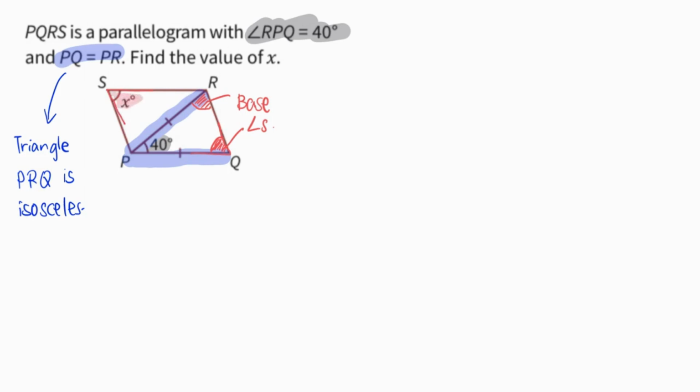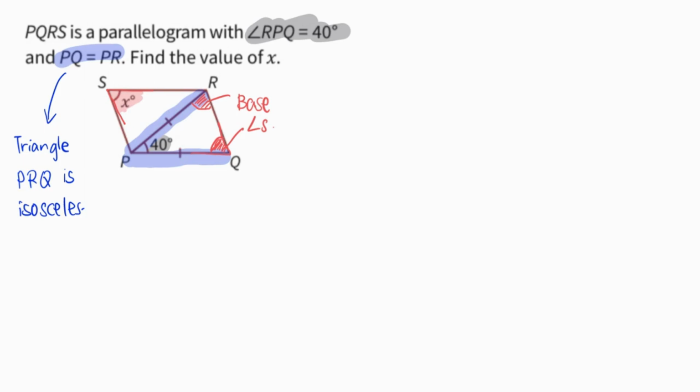tap on the property of a parallelogram now, in that the opposite angles of a parallelogram are equal to each other. So this is the key to get the base angle of triangle PRQ.